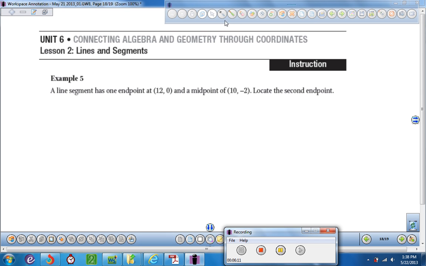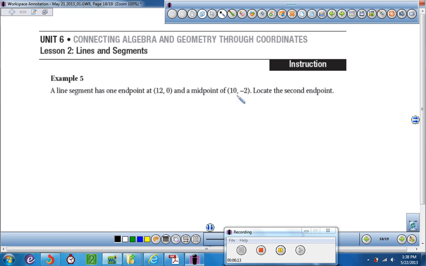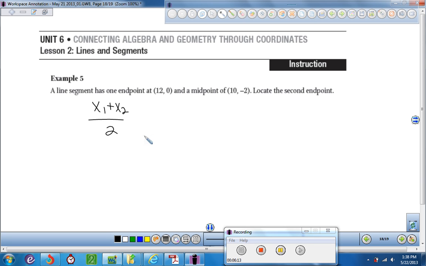Now in this one we're given the endpoint and then the midpoint. Remember that for the midpoint, we know it's going to be x1 plus x2 divided by 2, and for the y value, y1 plus y2 over 2. We'll just call this x1 and this y1. What we're going to do is solve for this, and then we know what these should equal. Let's start out with the x.